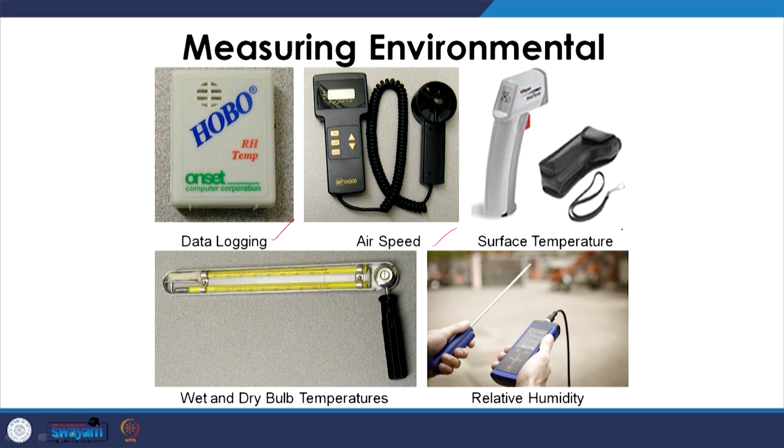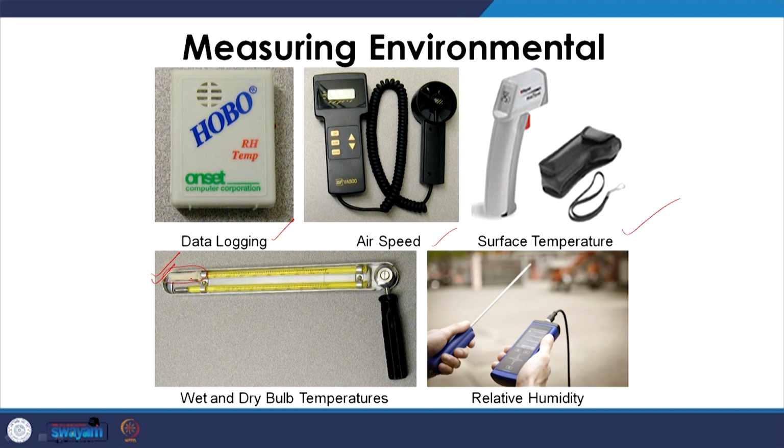Surface temperatures are measured using data loggers and surface thermometers. We have thermometers specifically used for measuring the wet bulb temperature, where the thermometer is covered with a wick which is moist, which is wet, and then it is rotated.